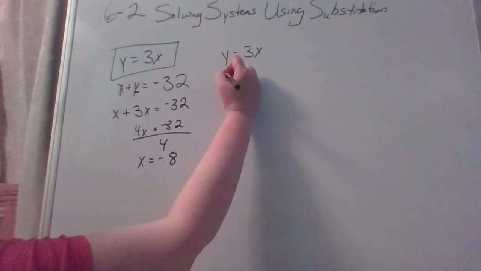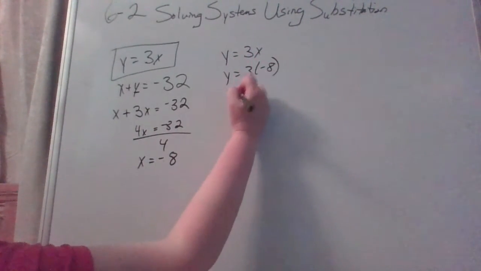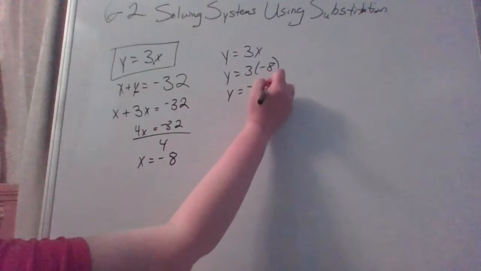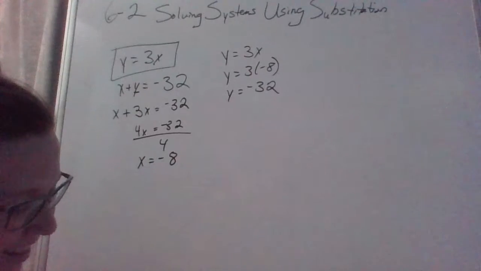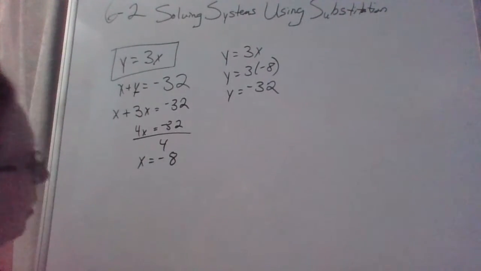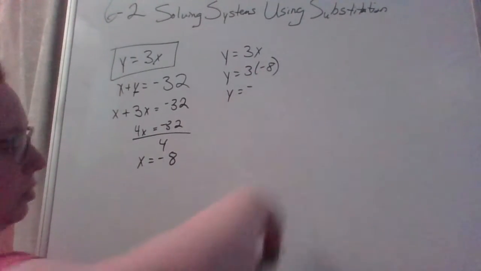Well, we know that x equals -8. So we can say that y equals... oh, I'm sorry, I did that math wrong. 3 times 8 is 24.